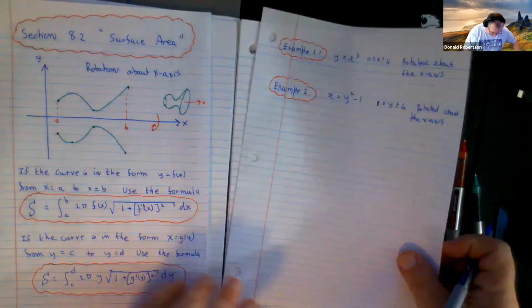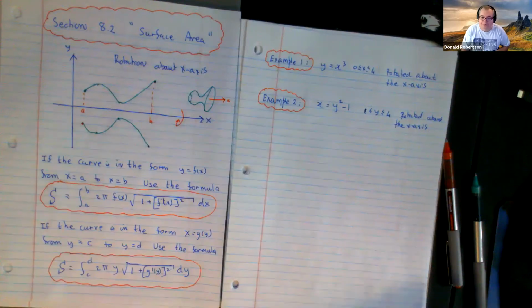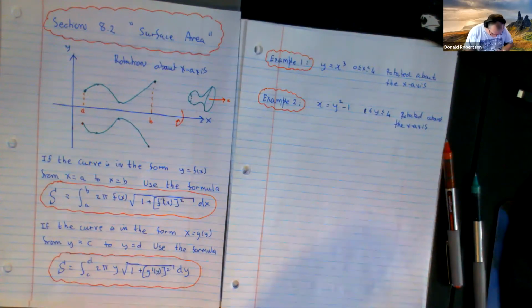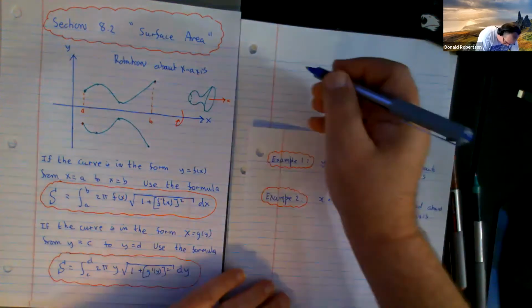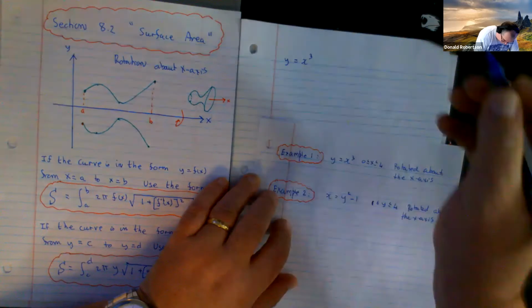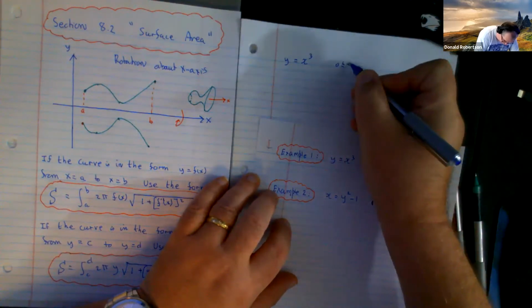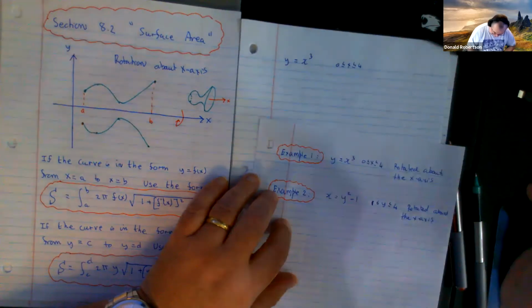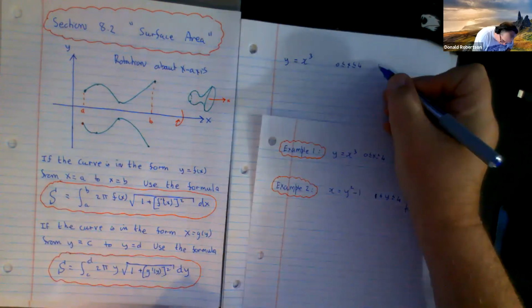So let's look at this guy here. Here are two, I hope, simple examples just to get this show on the road. And the first one is y equals x cubed. The x's are going to go from 0 to 4. And you're being told it's rotated about the x-axis.